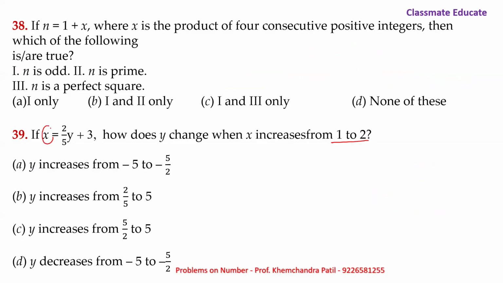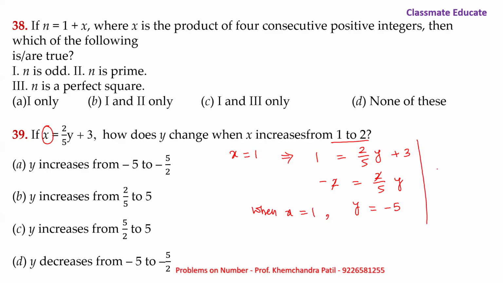Now, if you take the value of x as 1, just put x as 1 here. What will you get? 1 is equal to 2 by 5y plus 3. So this 3 will come here, that becomes minus 2 equals 2 by 5y. Okay, so this 2 will get cancelled. y is equal to minus 5. So when x is equal to 1, y is equal to minus 5.